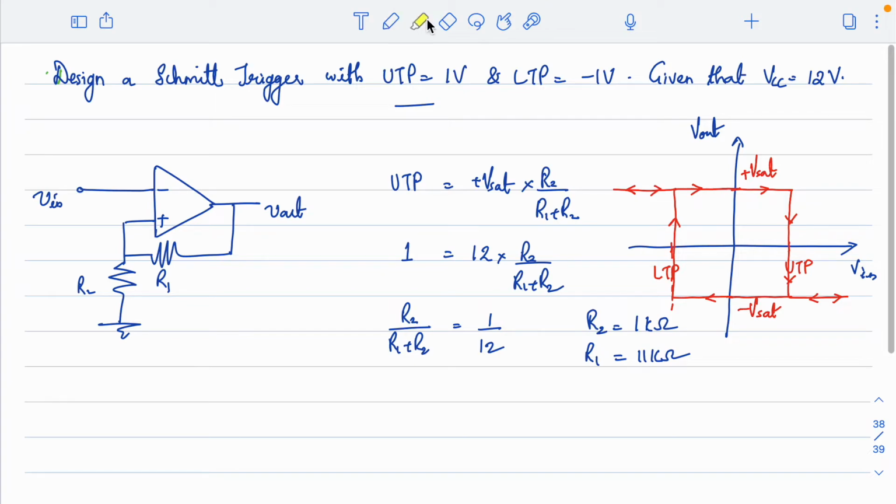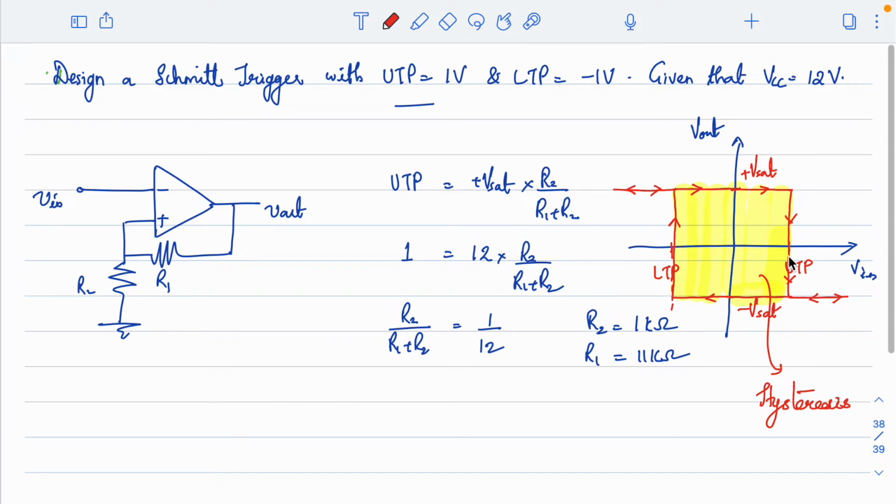And this shaded portion, we call it the hysteresis of the Schmitt trigger. The meaning of hysteresis is that the circuit will respond only after UTP.